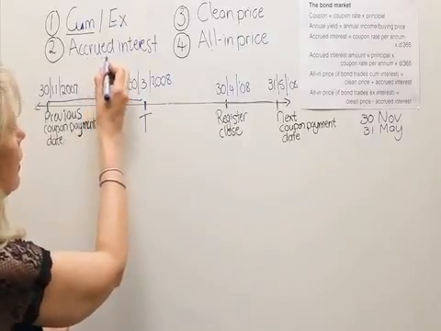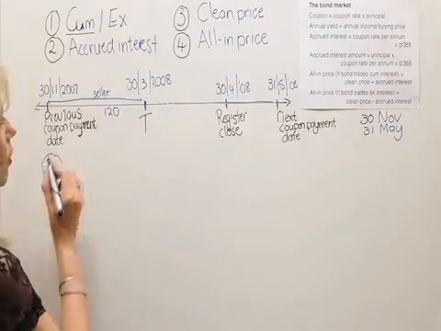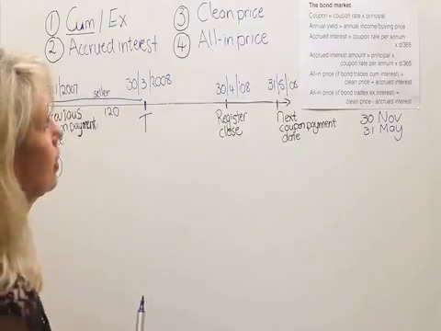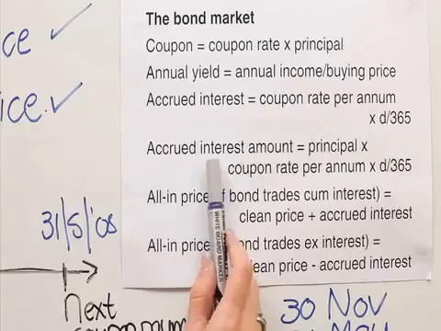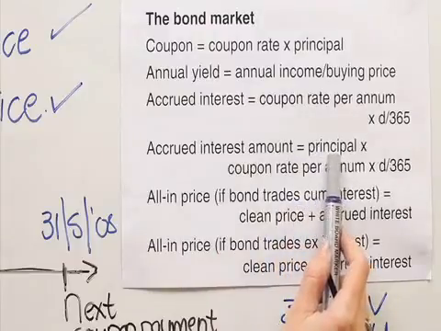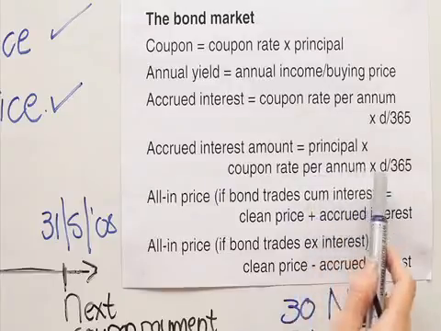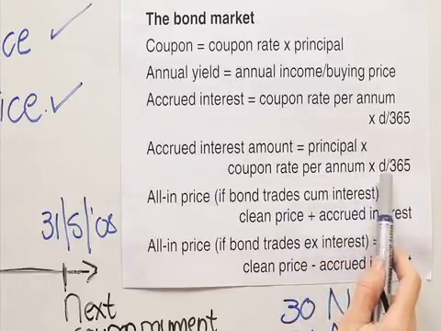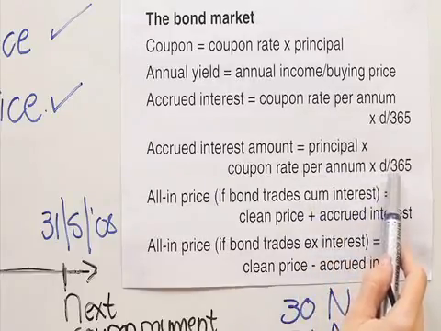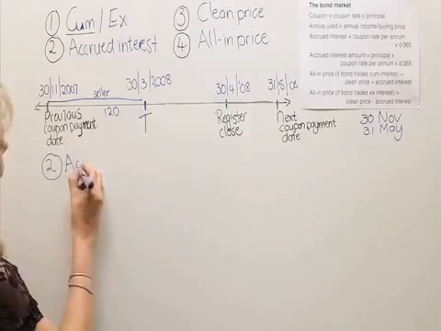We have to calculate the accrued interest. Right, now the formula to calculate the accrued interest amount is this one. Accrued interest amount is equal to the principal times the coupon rate per annum times D, the number of days, which is 120 days, divided by 365. So I'm going to rewrite that formula.